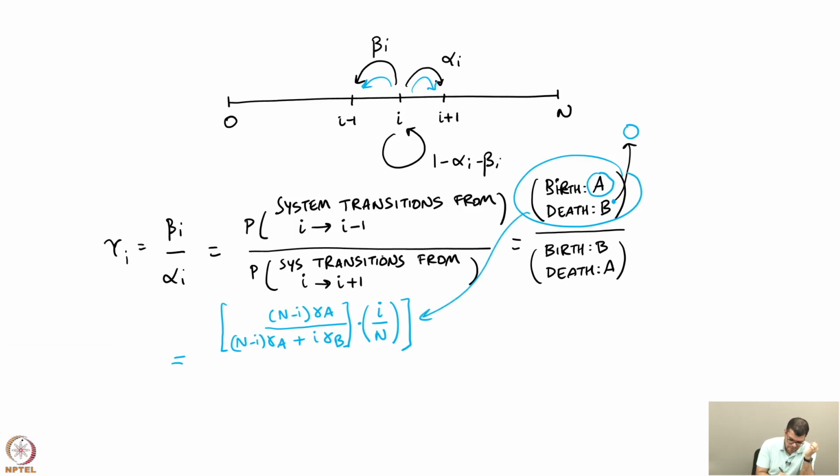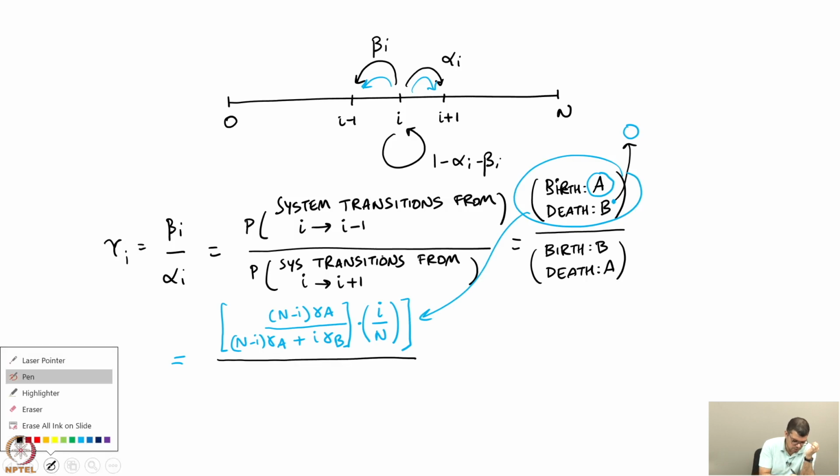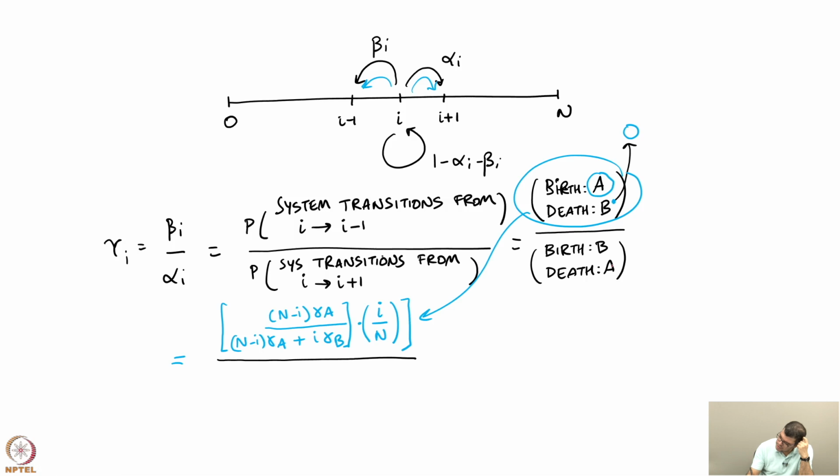The denominator we can write by using the same logic: now we are saying that birth has to be of a B type individual, whose probability is going to be the combined fitness of all B type individuals divided by the total fitness of the entire population, which is i times R_B divided by (n minus i) times R_A plus i times R_B.